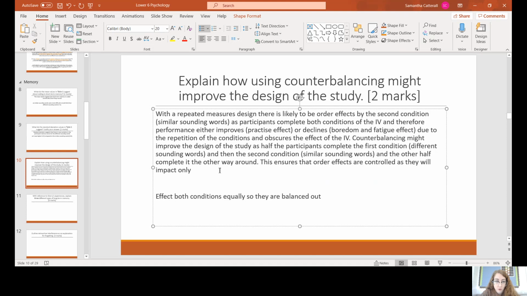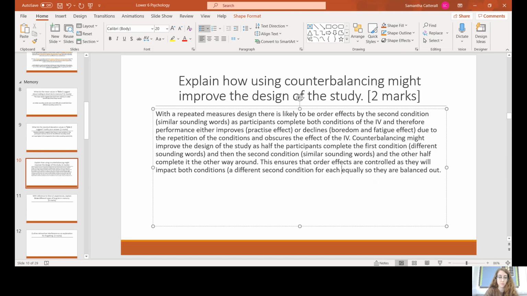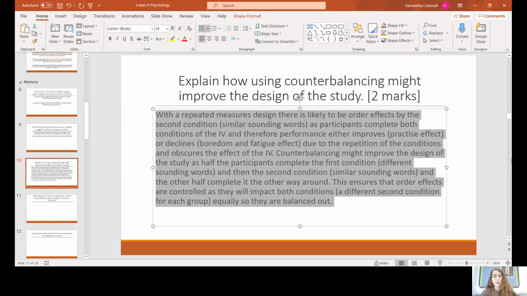This is just order effects are controlled as they will impact. I'm just going to add that in because I feel like I'm not being very clear in what I'm trying to say, so I've added it in.